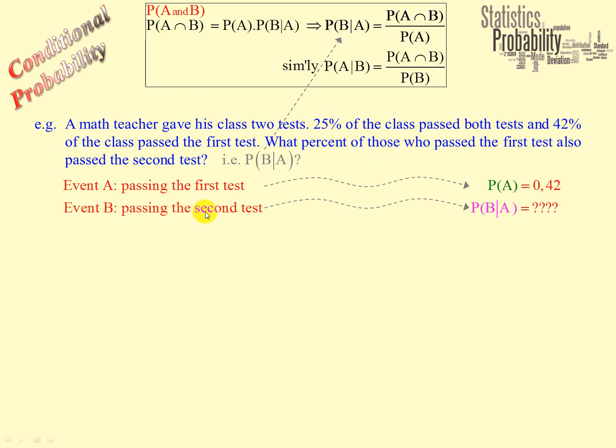If B is passing the second test, we're more interested in probability of B given A, so that's the question mark. 25% passing both tests means that P of A intersection B is 0.25. So if you have a look at the formula now, we try to find that, we know that, and we know that.